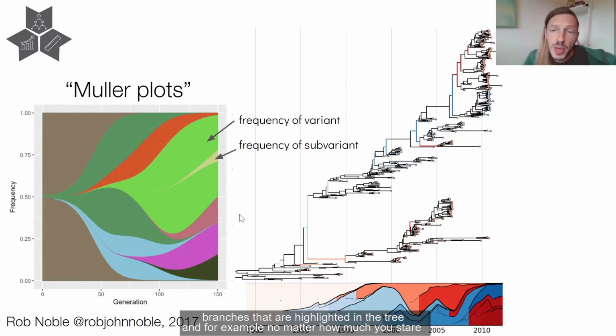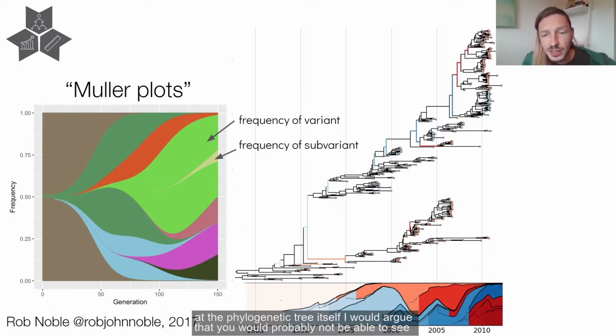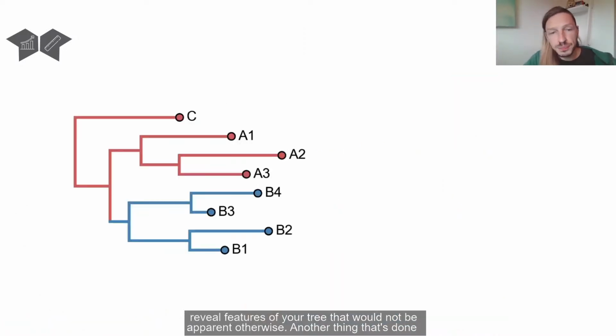And for example, no matter how much you stare at the phylogenetic tree itself, I would argue that you would probably not be able to see the vaguely cyclical patterns that happen between the branches colored red and the branches colored blue. So already this type of visualization can reveal features of your tree that would not be apparent otherwise.